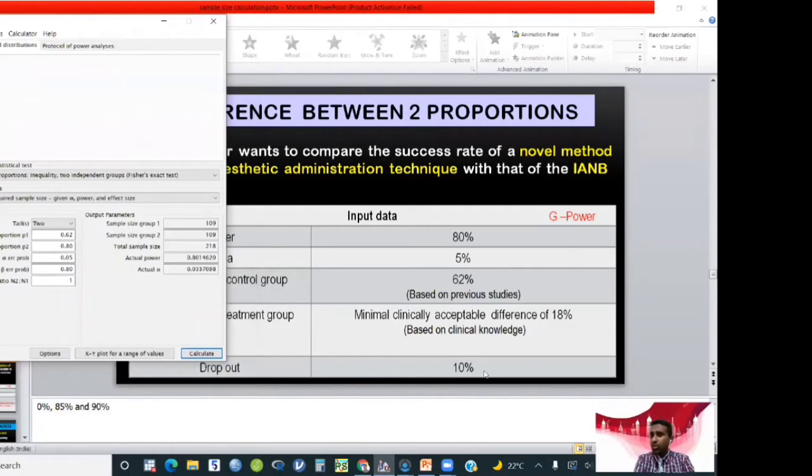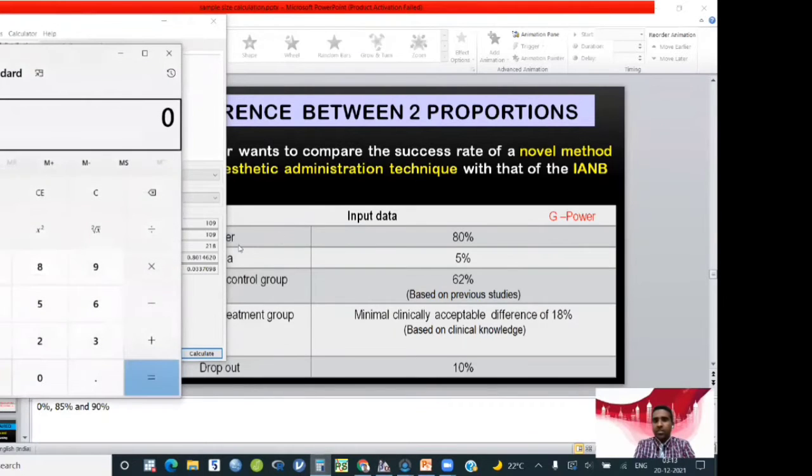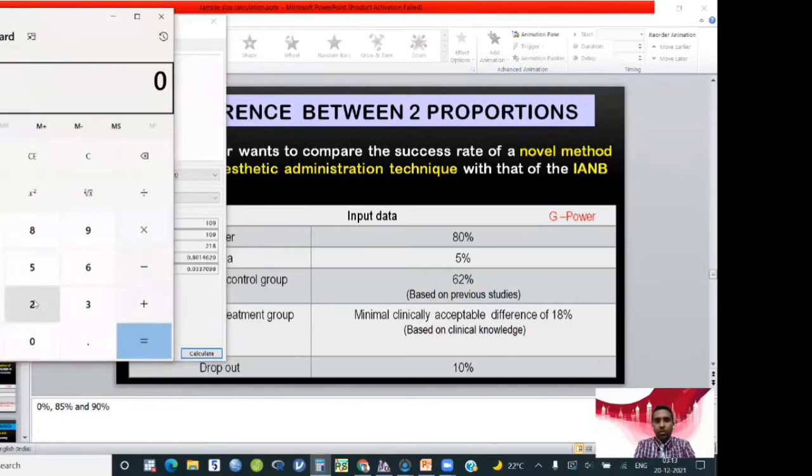Now you have to account for dropout of 10%. Unfortunately, this software does not have the option to adjust for the dropout. So let us calculate it manually. Open the calculator. What is the sample size? Total sample size is 218. The dropout rate is 10%. So what is the respondent rate? 90%.